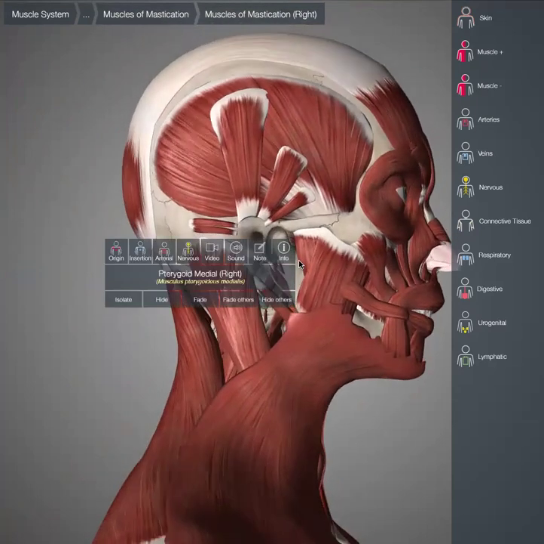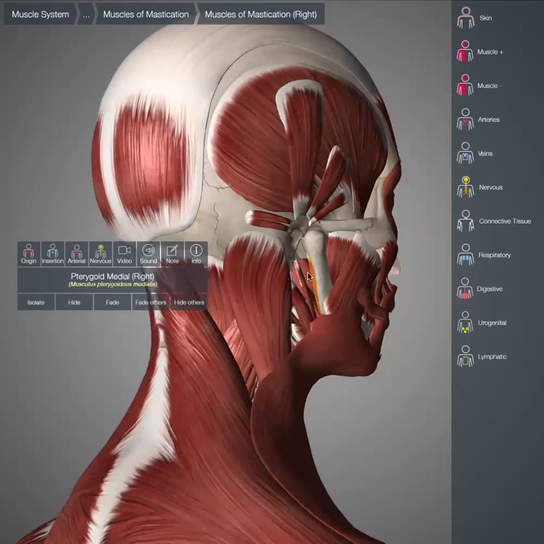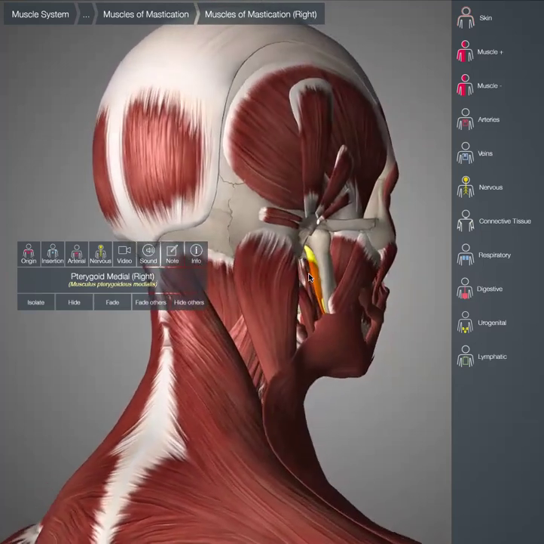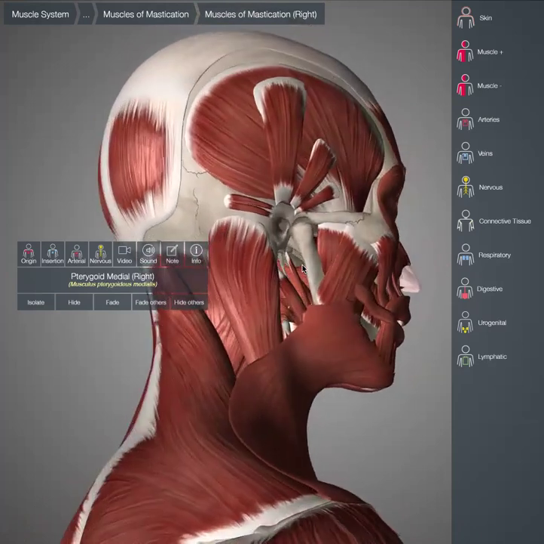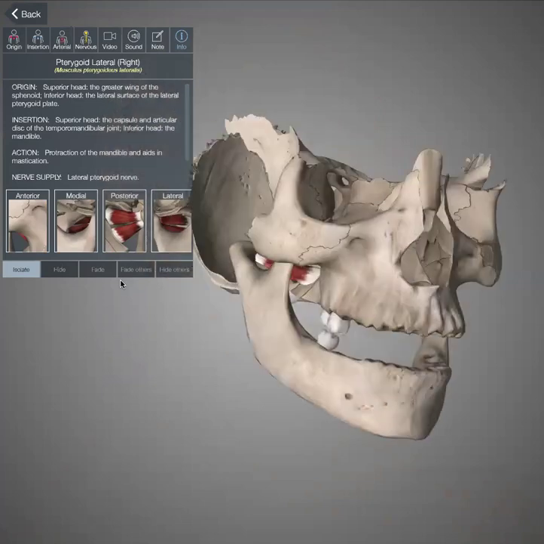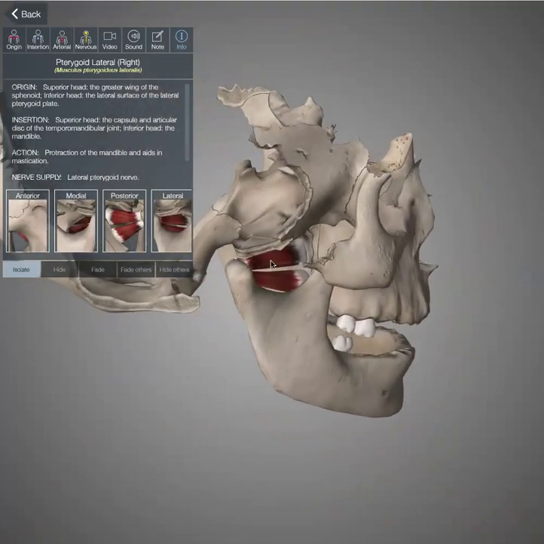And finally, the lateral pterygoid. The lateral pterygoid is here, and it is made up of superior and inferior heads. The superior head, greater wing origin.